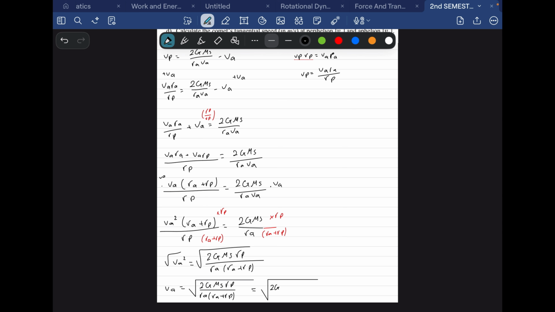G is a constant. And then mass of the sun is 2 times 10 to the 30.